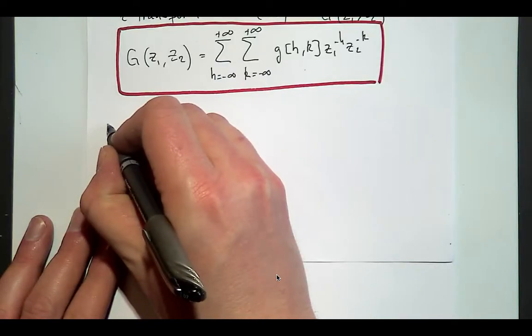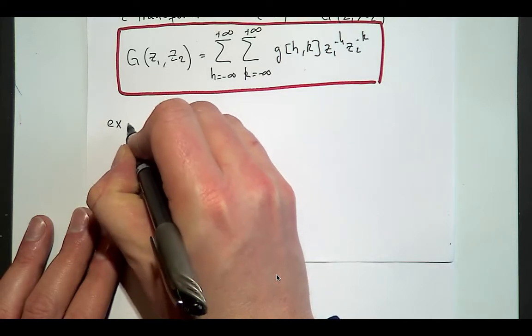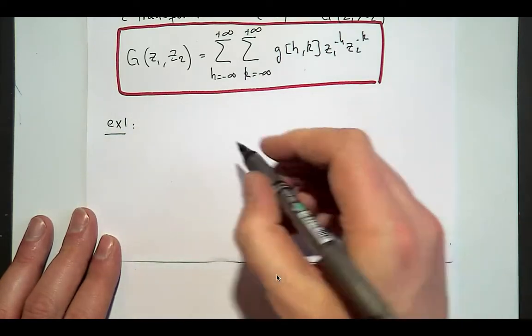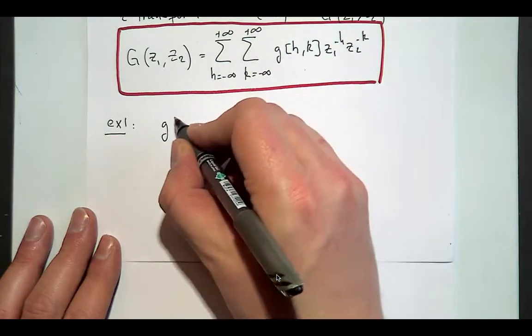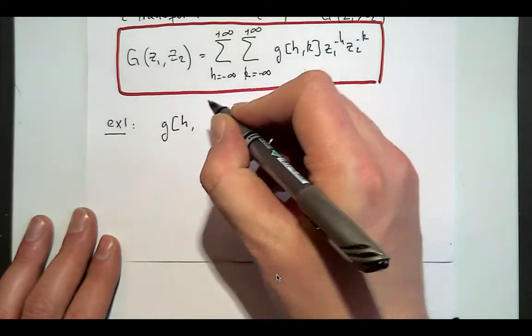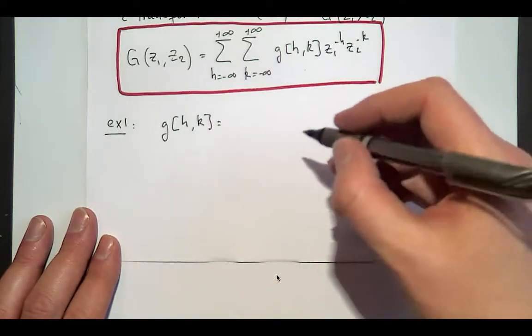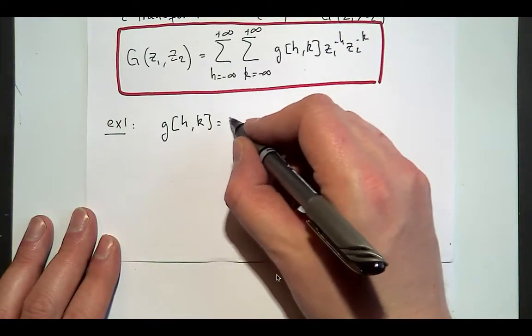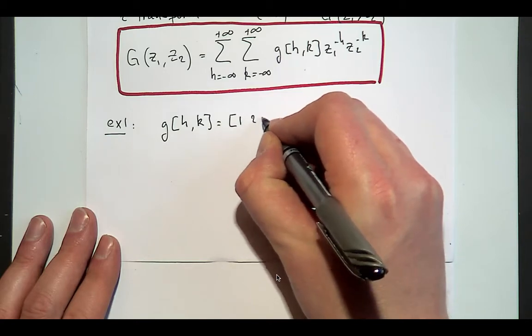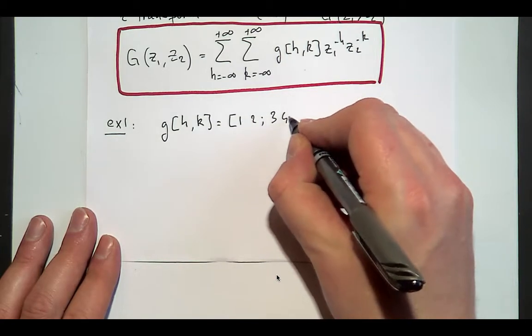So example 1. G is defined, using again MATLAB notations, as a matrix defined by these 4 points.